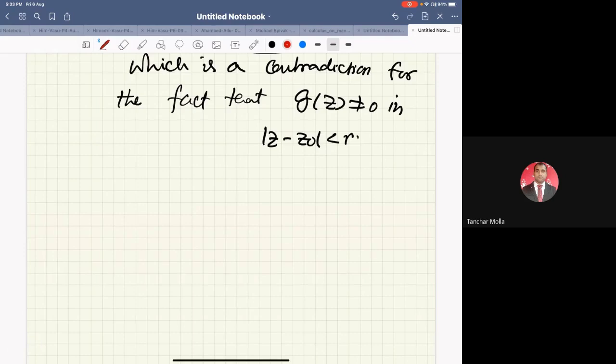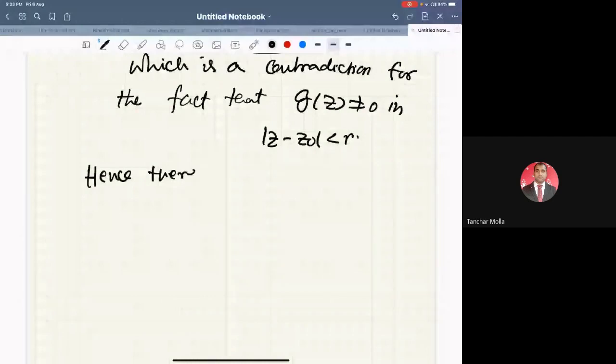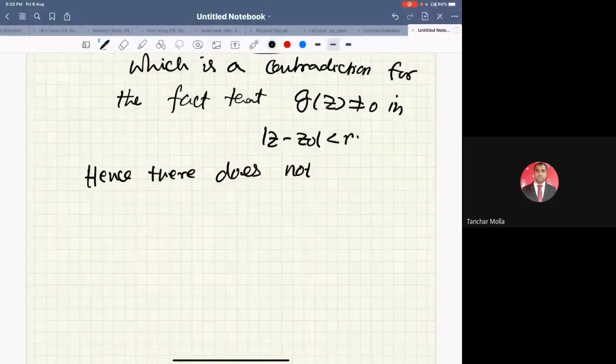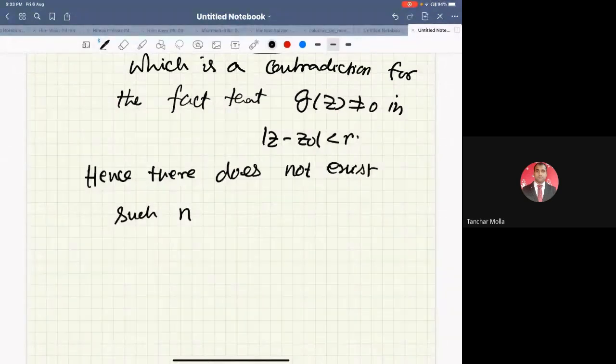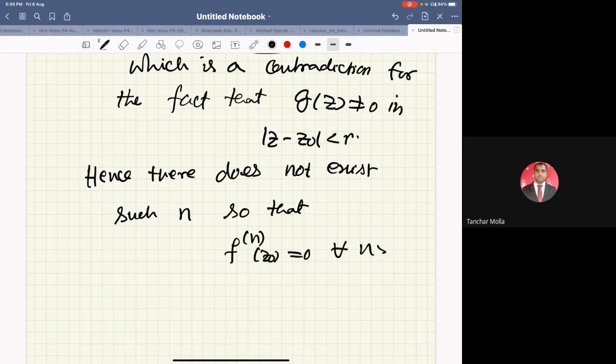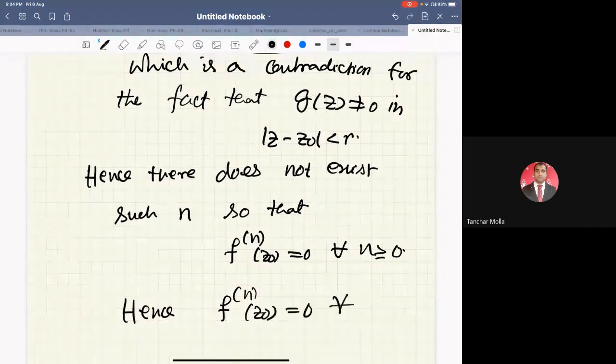Hence, there does not exist such n, so that f to the n of z naught equals to 0 for all n greater than equals to 0.